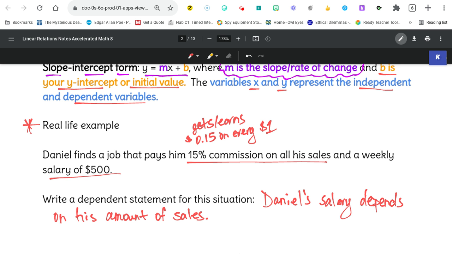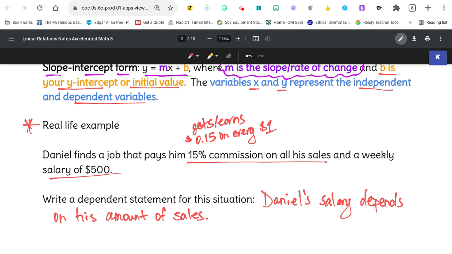So if he sells $1 worth of merchandise, he gets to keep 15 cents and the company gets 85. All right. Or if he sells $2 worth of merchandise, he gets to keep 30 cents or 15 cents twice. Okay. And then the company gets to keep 85 cents twice. If he sells $3 worth of merchandise, he gets to keep 45 cents. 15 cents for the first dollar, 15 cents for the second dollar, and 15 cents for the third dollar.